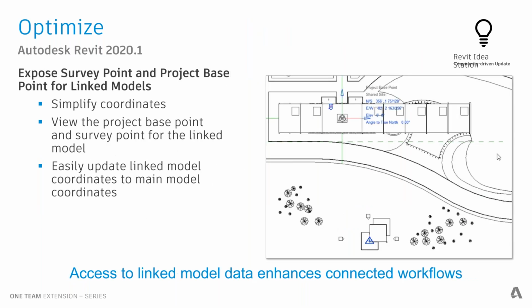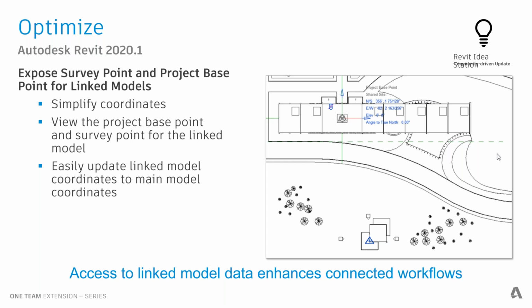Another one is when you import a linked project. If that project is coming from another Revit file, it will bring it in and expose the survey point and the project base of that particular linked model also. So it's quite useful when you are working on a linked model and you want to see what survey point and project base are used in that project compared to the one you are currently working on.